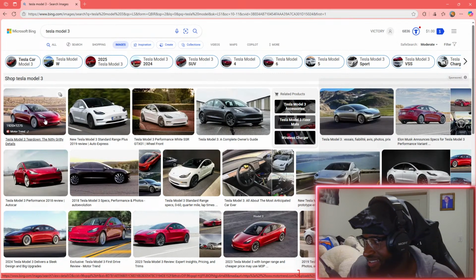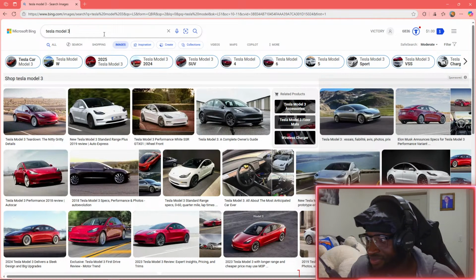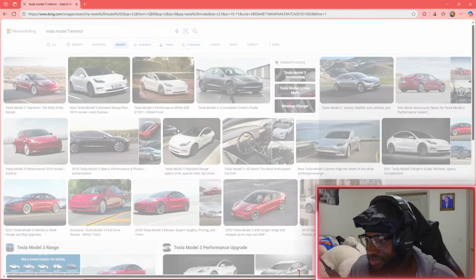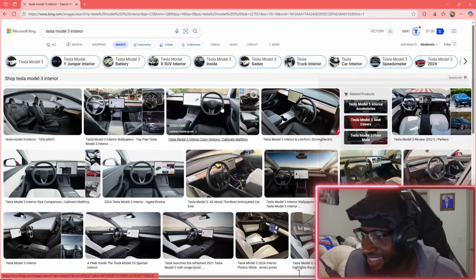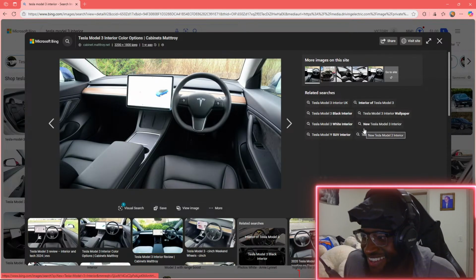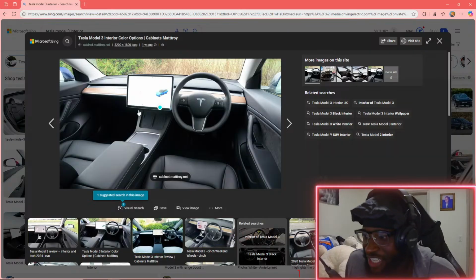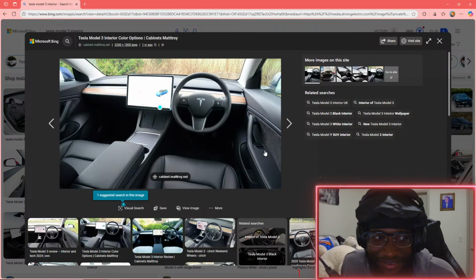Something like this. Inside is super clean, bro. Just look at that. So simple, it's one big screen and a steering wheel. That's it.